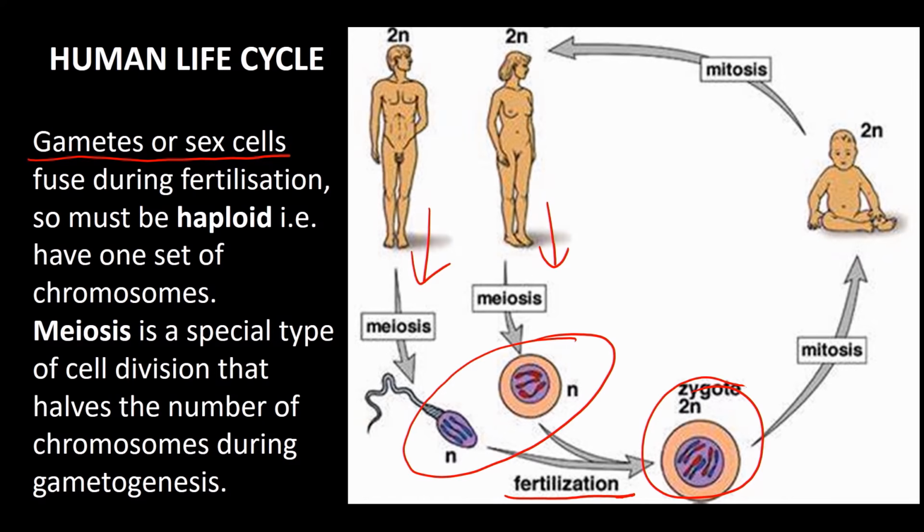So, each of these gametes must be haploid. In other words, they must only have one set of chromosomes. Now, you have in your cells two sets of chromosomes, one from your father, one from your mother, but you can only pass one of those on to your child.